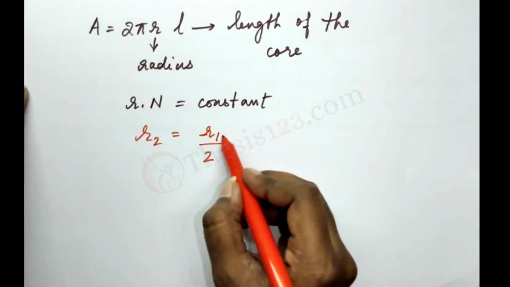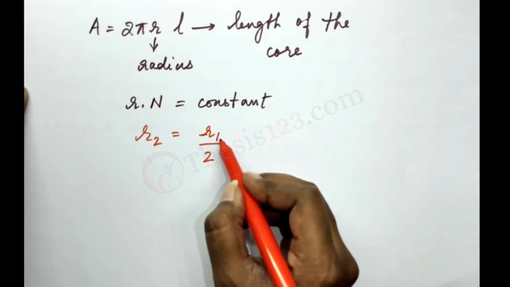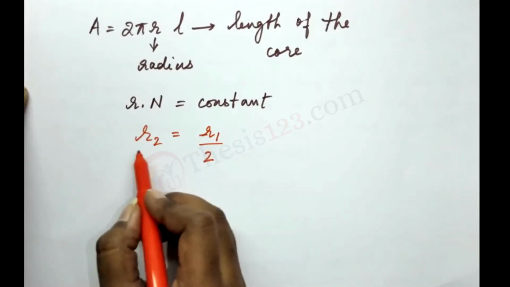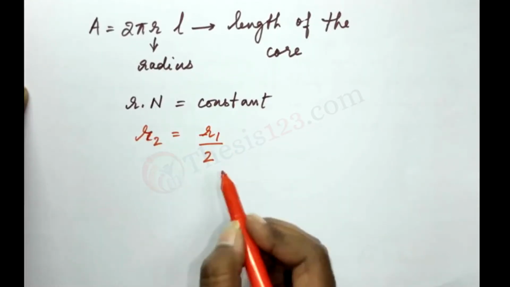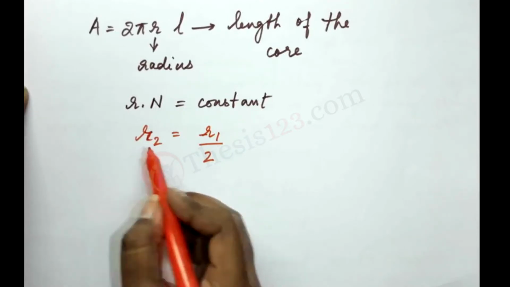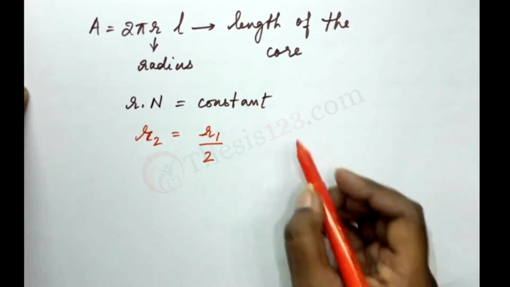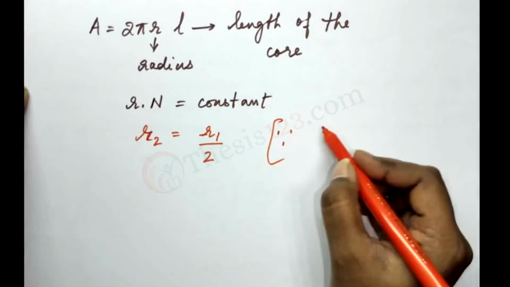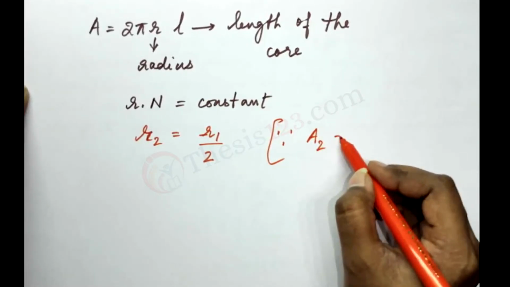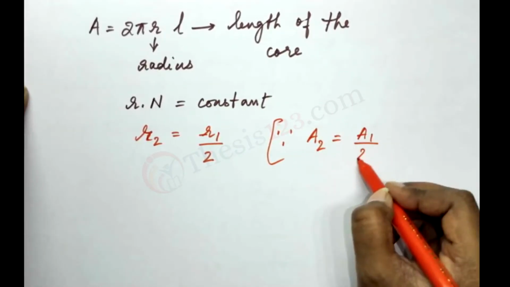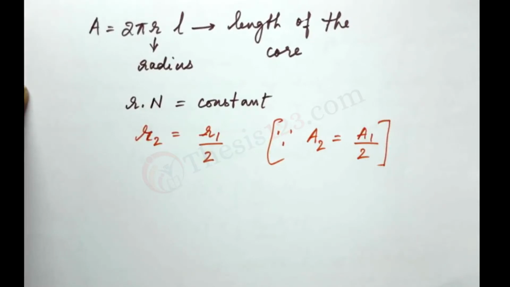This is the initial radius, which is reduced by half, and the new radius R2 is R1 by 2. And this is because the new area is reduced by half as well.